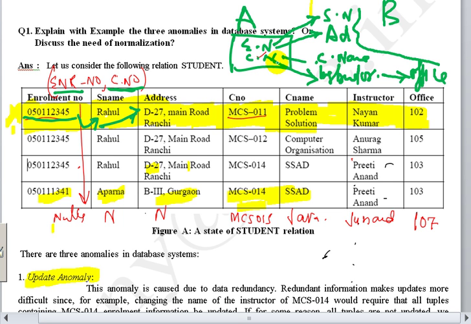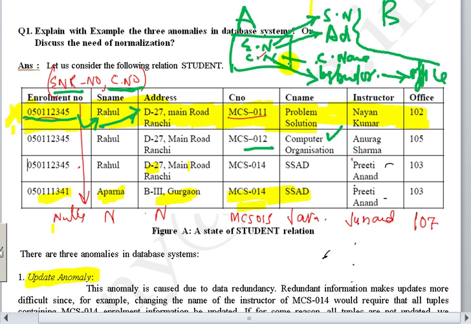That will depend on the course number. Course number will determine which course and which instructor. For example, we said MCS 014 or MCS 012, it's computer organization. And who is teaching computer organization? Anurag Sharma, for example. And this again is a functional dependency on MCS 012.